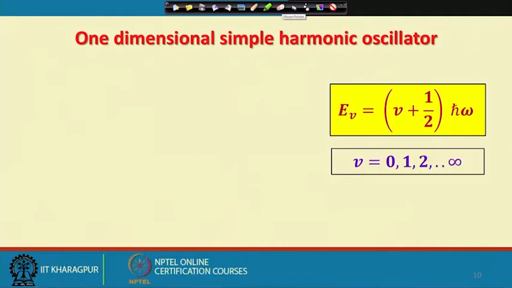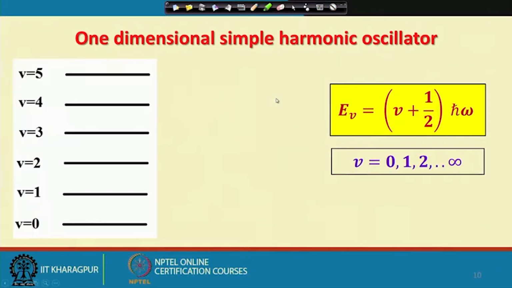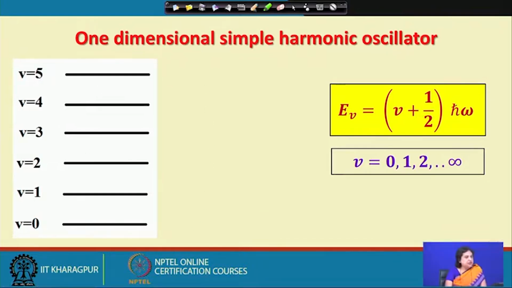Now, let us have a more pictorial representation of these microscopic states, and they are as follows. If I plot the different energy values possible for different values of the quantum number V, this is the energy value for V equal to 0, this is the energy value for V equal to 1, V equal to 2, V equal to 3, V equal to 4 and so on and so forth.